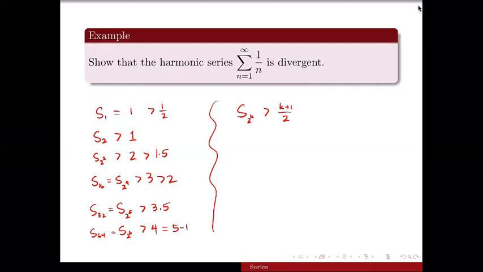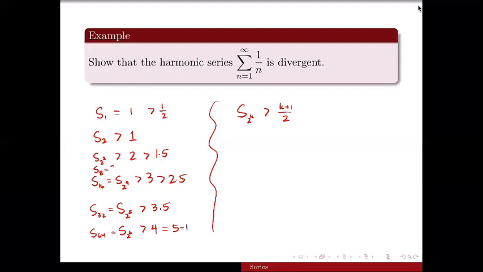So when k equals 4, so we are here. When k equals 4, 4 plus 1 over 2, so we have here, this is greater than 2.5. That's why I am confused, because I skipped S sub 8.